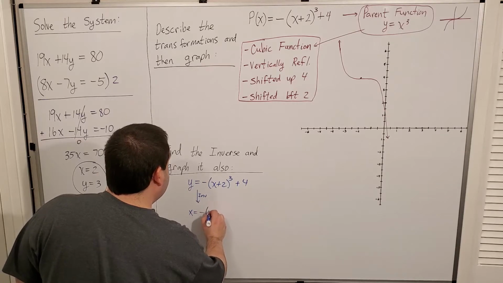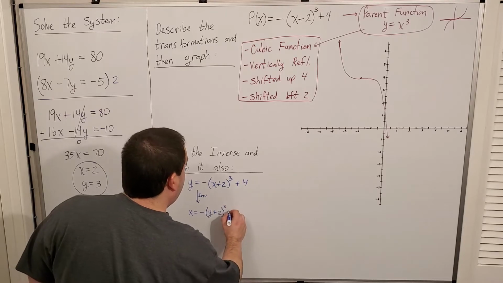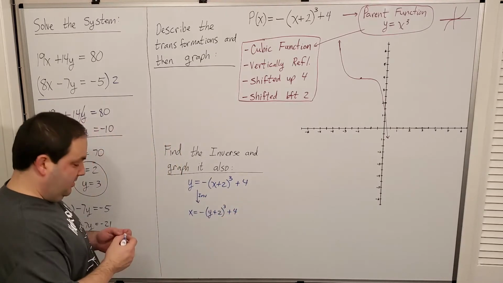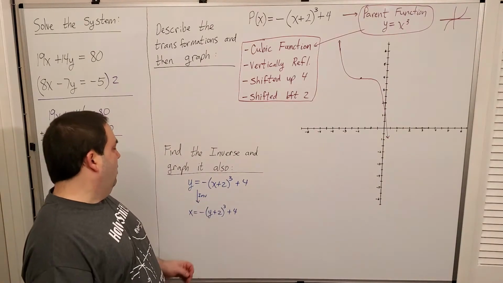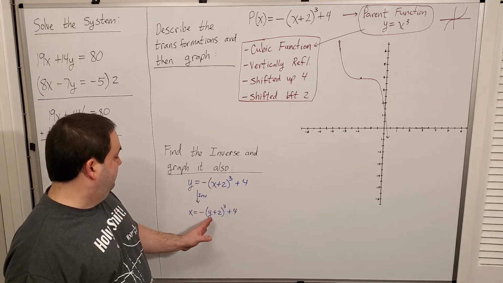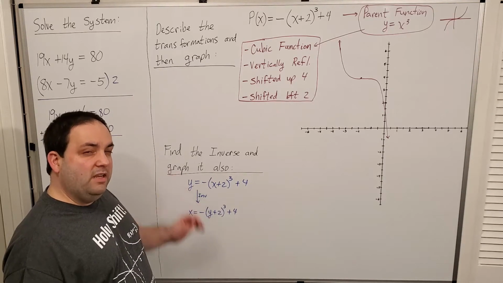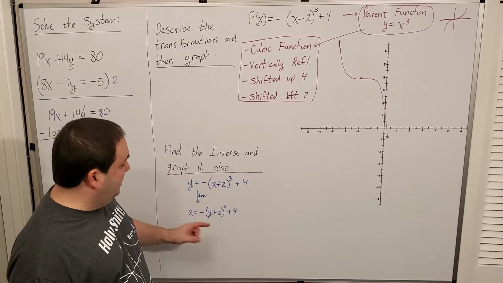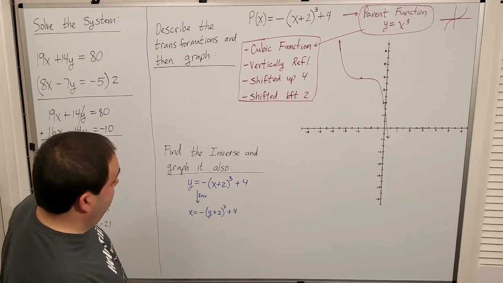Or let me rephrase that. Everywhere there's an x, I replace it with y, and everywhere there's a y, I replace it with x. I'm not just physically swapping one for one here. Okay? Everywhere there's a y should appear an x, and vice versa. That is now technically the inverse, but it's just an inverse equation. I need to solve for y in order to get the inverse function.